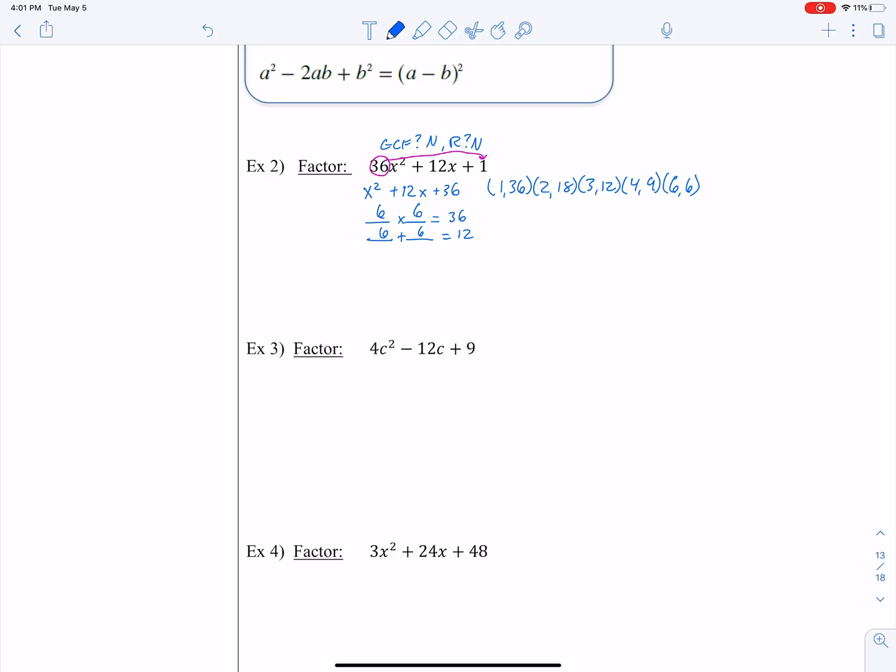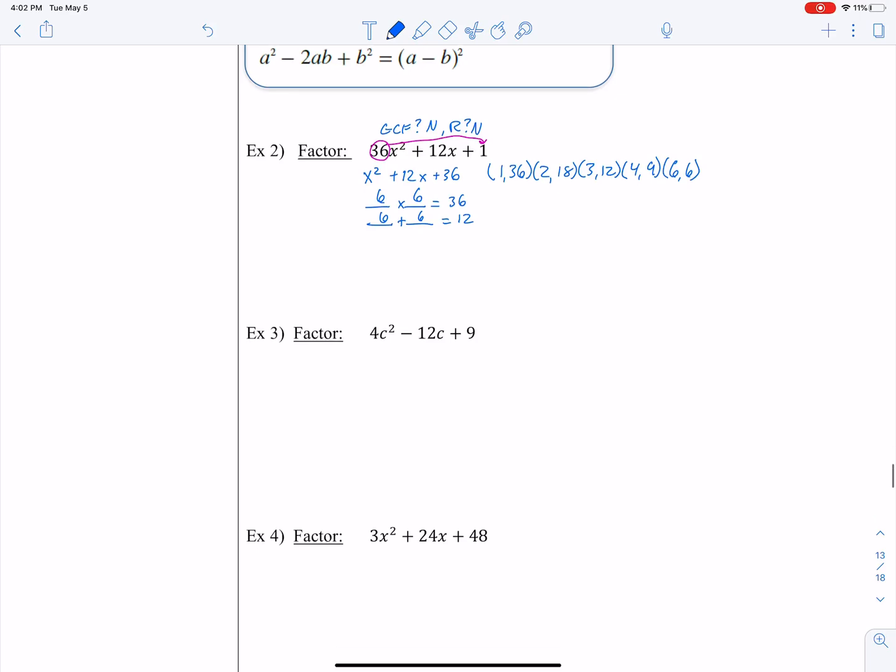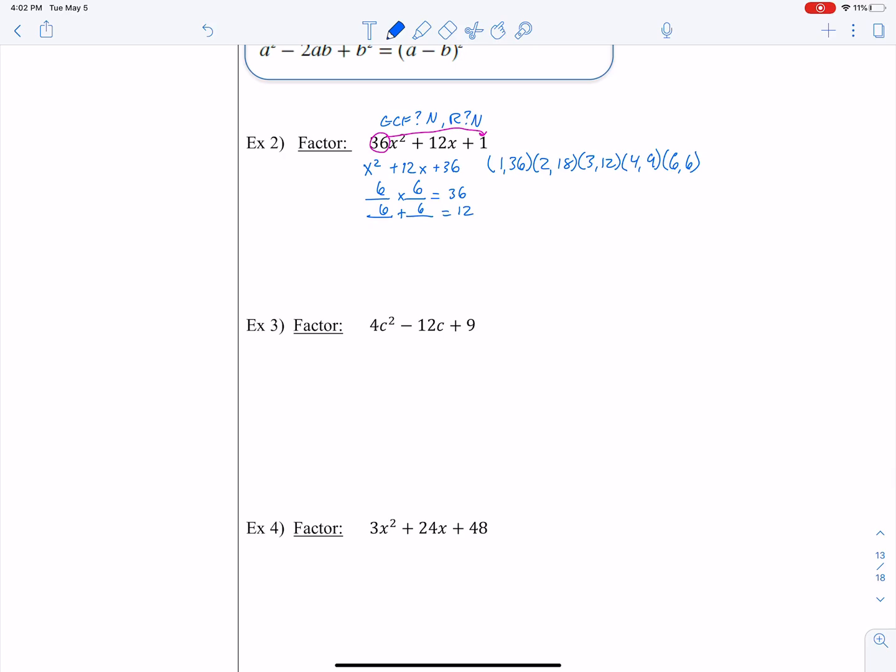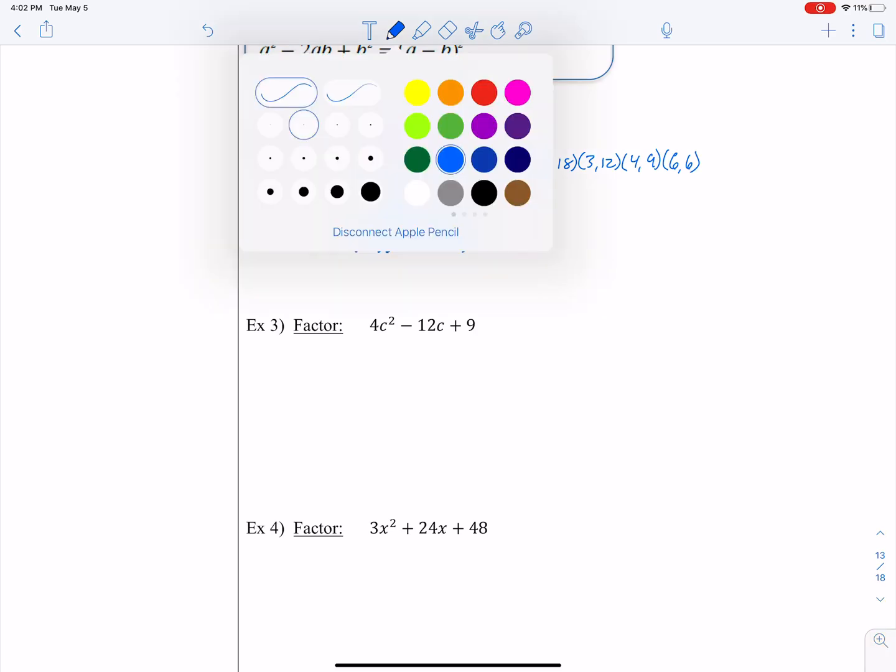When you get these two identical numbers like this, both positive and both 6, this is a clue that we are dealing with a perfect square trinomial. So when we write our brackets, we're going to have x plus 6 over, x plus 6 over, the number that we circled here, over 36. Then we can simplify this.